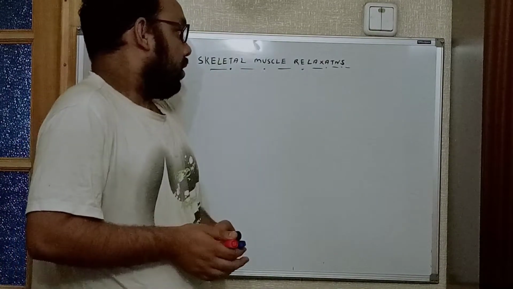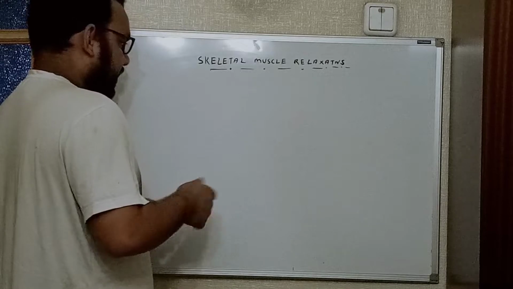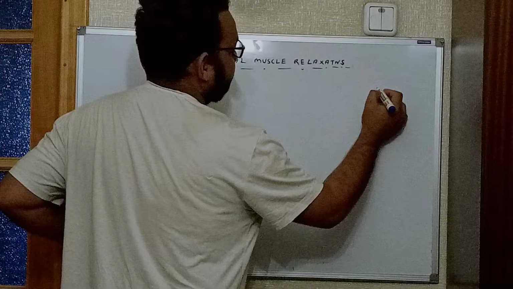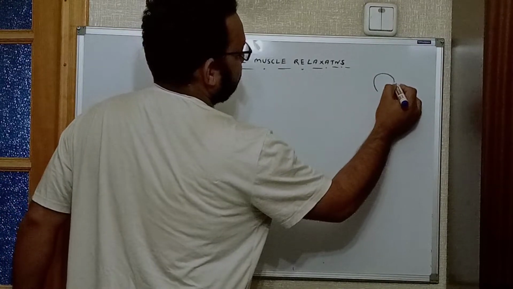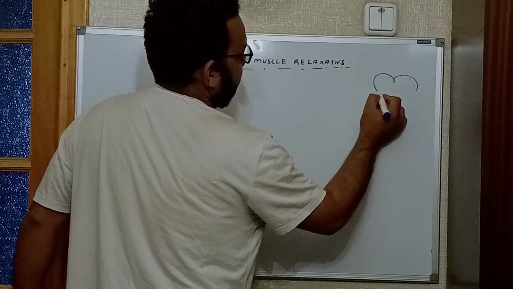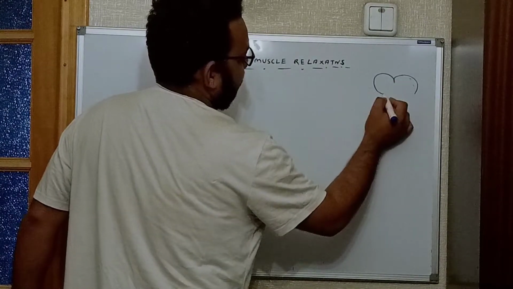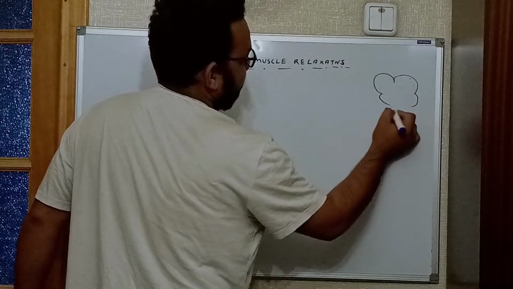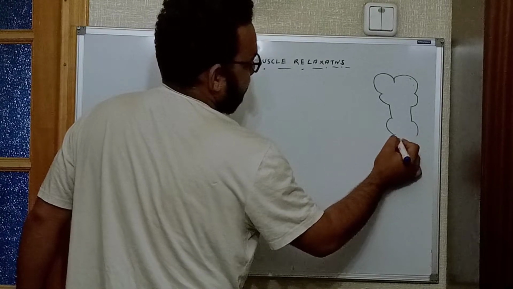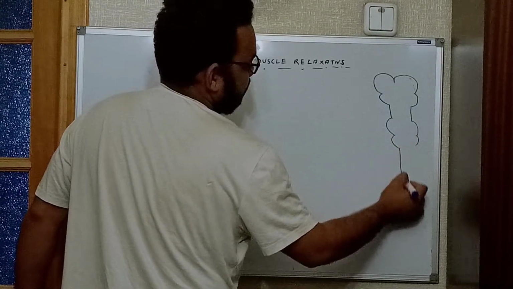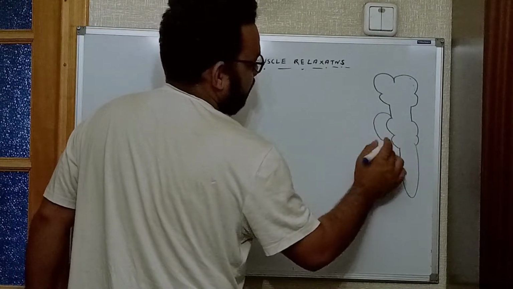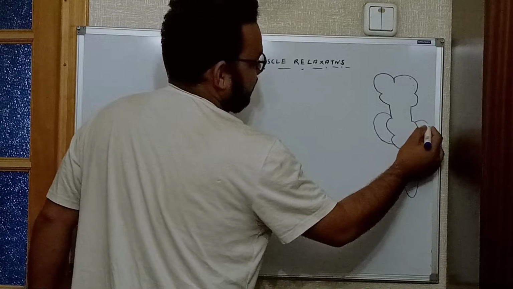Basically, for example, if I draw a little bit of the nervous system over here, this is the structure of the central nervous system.